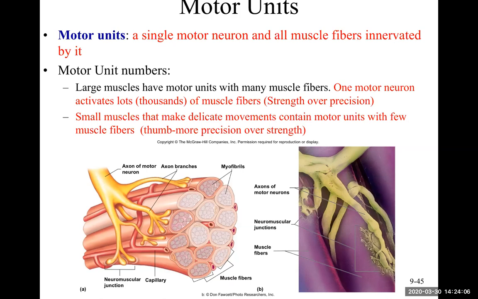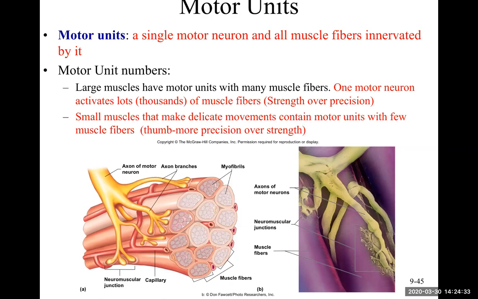Now, for your quadriceps, you can have lots of motor units, with lots of muscle fibers for each motor unit. So what we're going to see is when I want contraction, one motor neuron fires, all of its muscle fibers contract, and the other fibers of that quadriceps are in a relaxed mode.